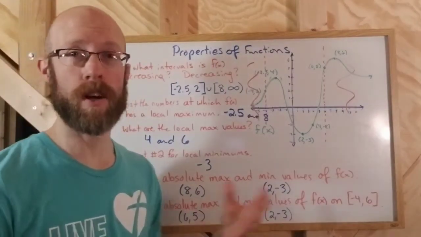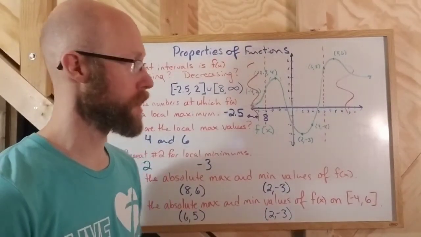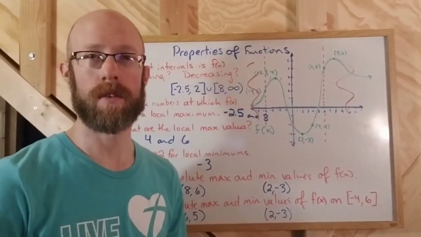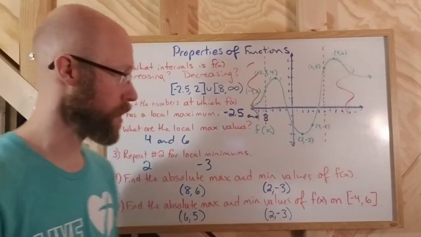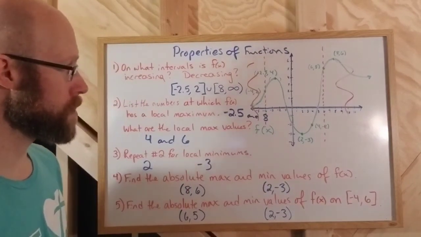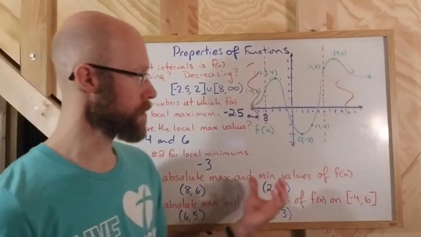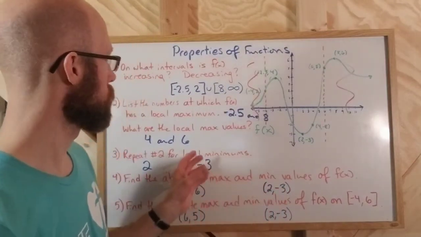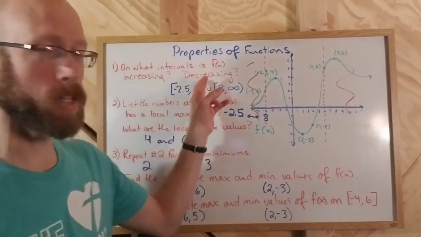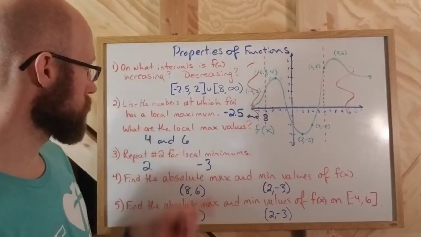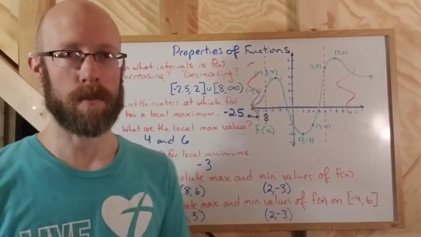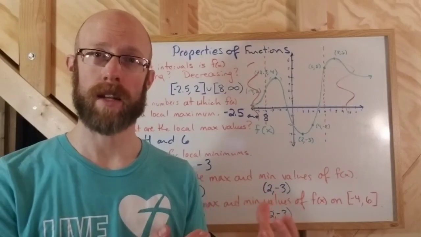And they're all still functions, but they have different features. And we're going to see a lot of those as we move throughout this course. But for right now, this gives us a pretty good understanding of some of these really important details, like increasing and decreasing regions on a graph, local maxes and mins, and absolute maxes and mins on both the entire graph and on a small interval.